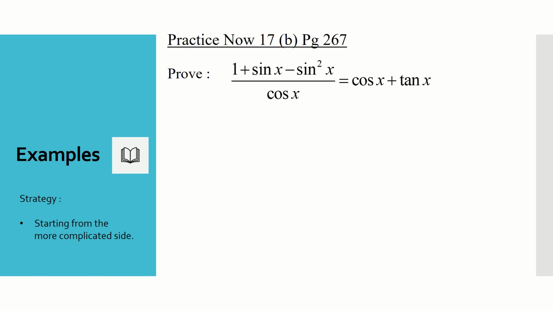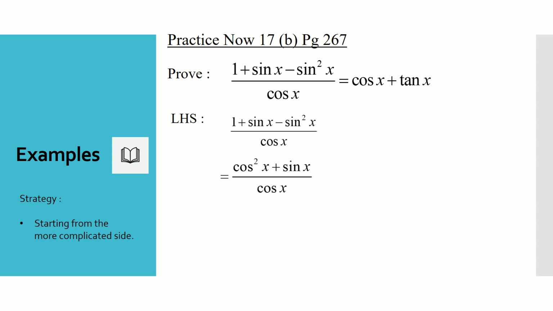As we can surely tell, the left-hand side is more complicated. So we will write it down and then, using the identity that 1 minus sine square x equals cosine square x, we will replace the two terms, 1 minus sine square x, as cosine square x, and further on, distribute the denominator cosine x to both numerators.